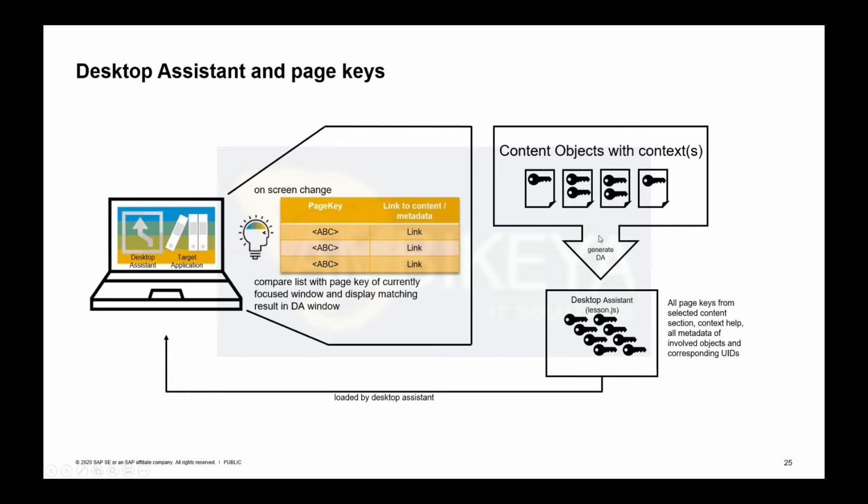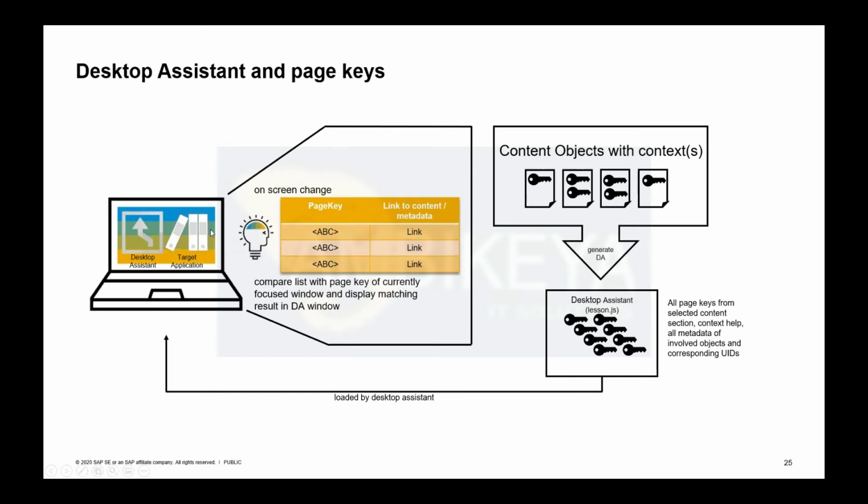The generate desktop assistant functionality is a simple harvesting procedure that harvests all those page keys together with the UIDs of the project they are living in, and packs them together into a file called lesson.js, which is basically, after being loaded by Desktop Assistant and held persistent in the working memory of the target computer, a 2-column table which says if that page key applies, provide that link and metadata, like a title and a description of that particular project, to the end user.